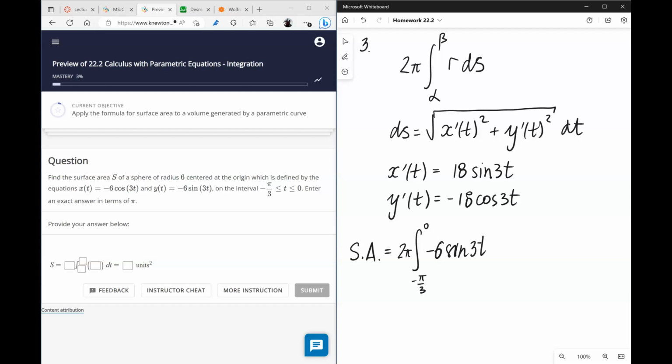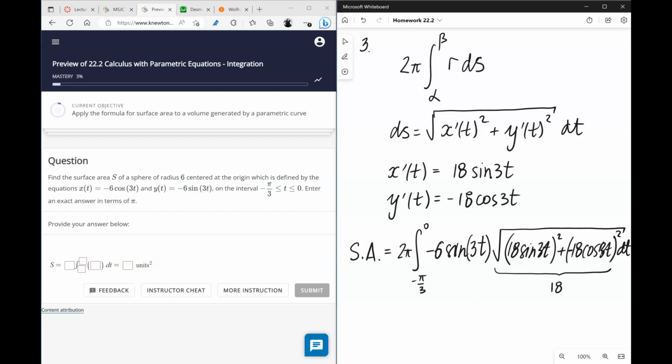sine of 3t, and we multiply by the square root of x prime t squared, so it's going to be 18 sine of 3t squared plus negative 18 cosine of 3t squared dt. Now, by Pythagorean identity, this whole thing just becomes 18, and this integral should be easy to compute.